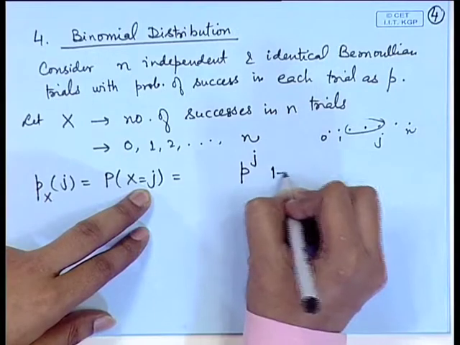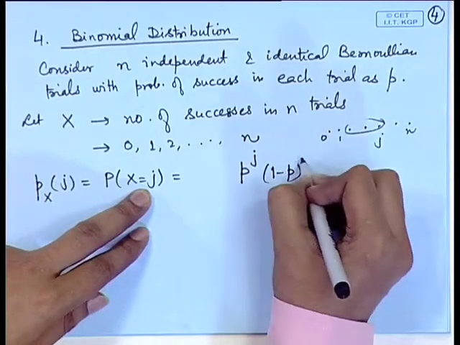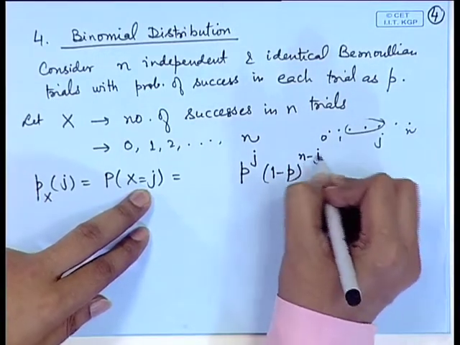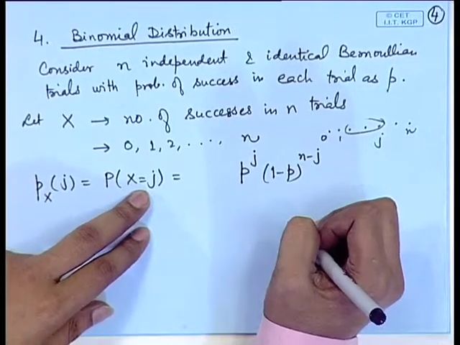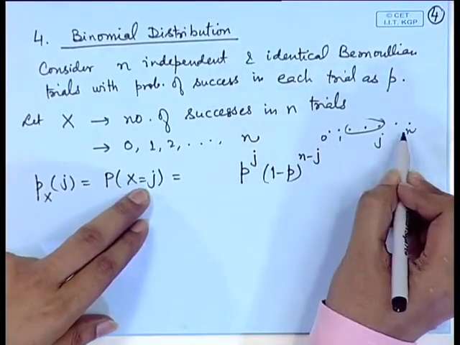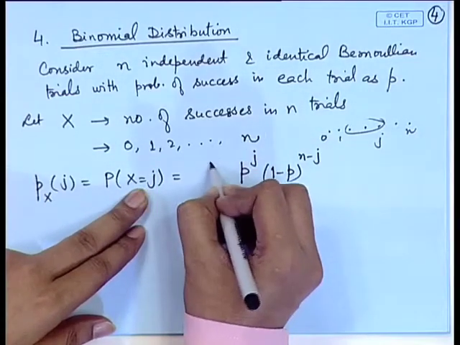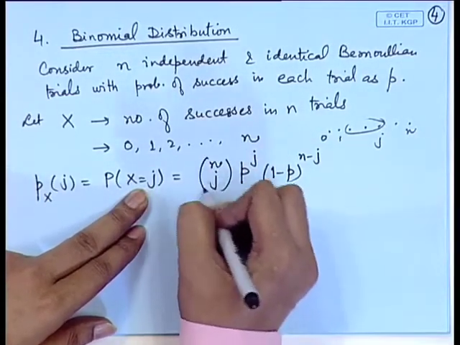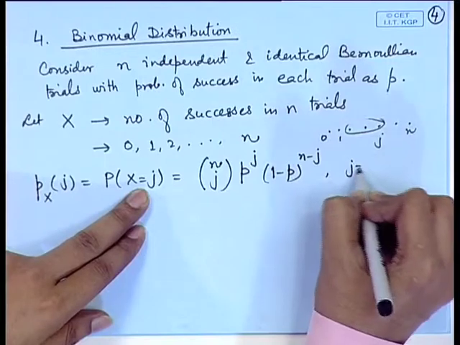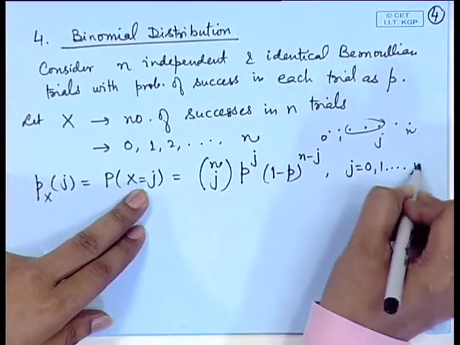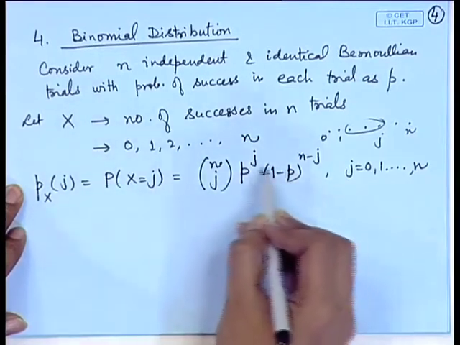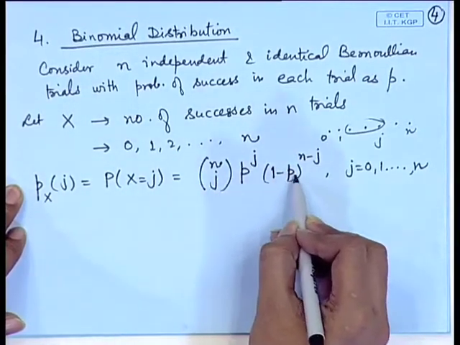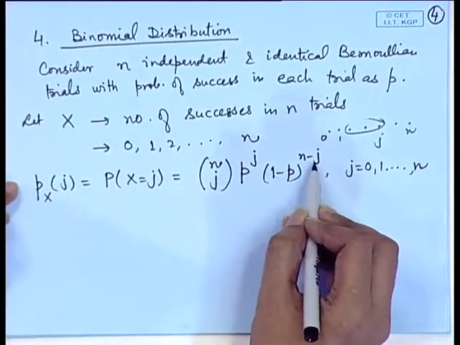The probability of a failure is 1 minus p. Therefore, the probability of n minus j failures will be 1 minus p to the power n minus j. Now, out of these n trials, these j trials can be selected in nCj possible ways. Therefore, the probability mass function of the binomial distribution is nCj p to the power j into 1 minus p to the power n minus j.